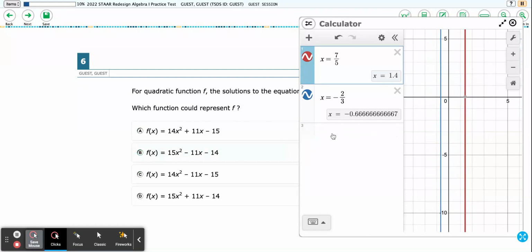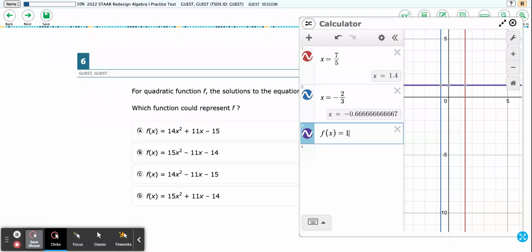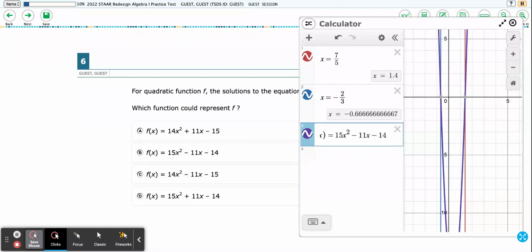So I'm going to try answer choice B. Answer choice B says f of x equals 15x, shift 6, put a 2, arrow over, minus 11x, minus 14. And that's a purple line, and you'll notice these guys share the x-intercept, or they share solutions.